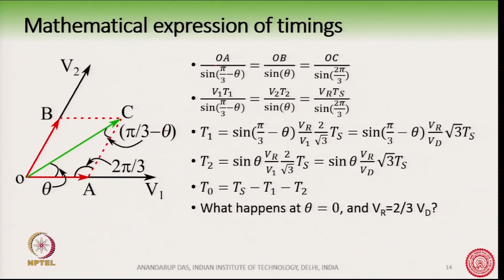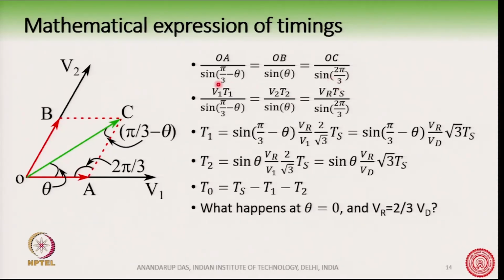So, here we can say that OA divided by sin of pi by 3 minus theta will be equal to OB divided by sin theta, and will be equal to OC divided by sin 2 pi by 3.